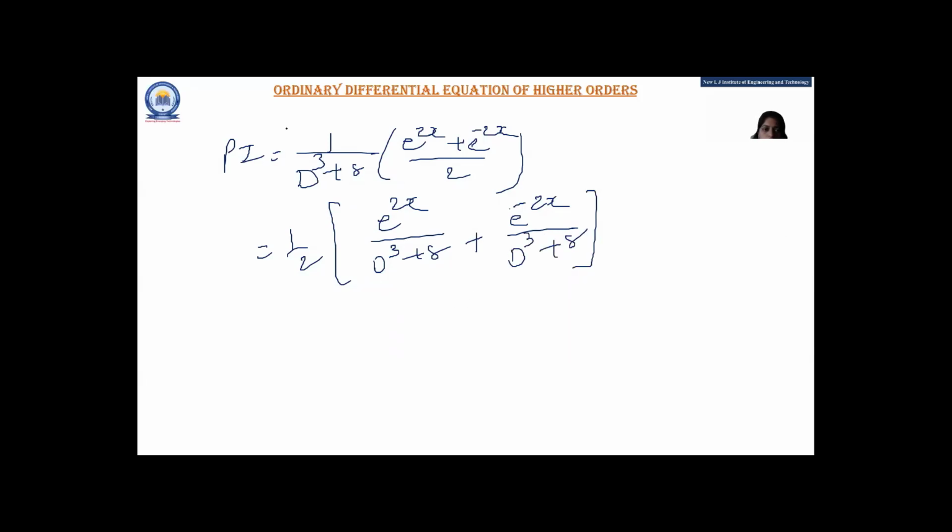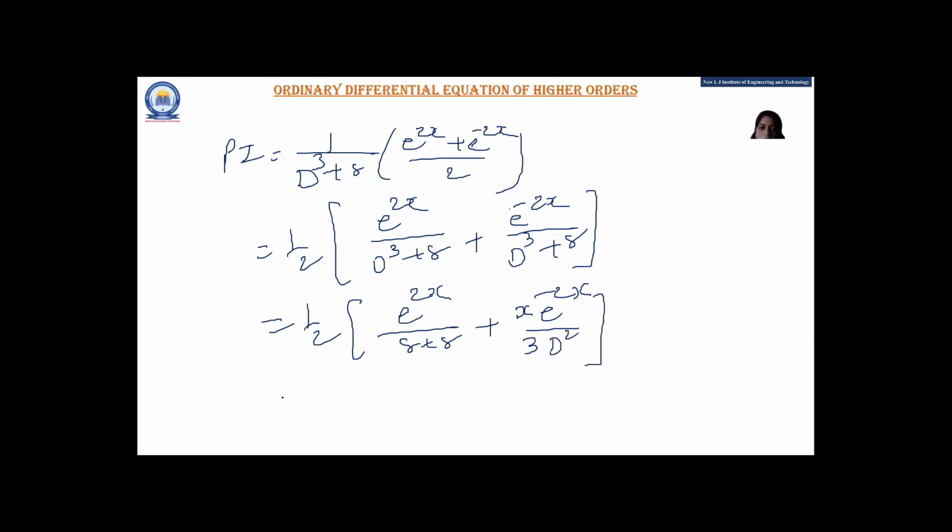So 1/2. If you replace here 2, then e raised to 2x upon 8 plus 8, that is 16. And if you replace here minus 2, then your denominator is 0. So by replacing minus 2, your denominator is 0. That's why I'm putting here x, and in the denominator derivative. Got it, students? Now 1/2 e raised to 2x upon 16.